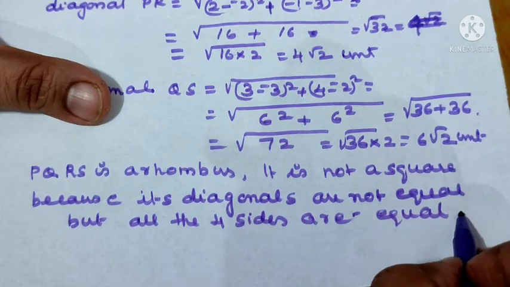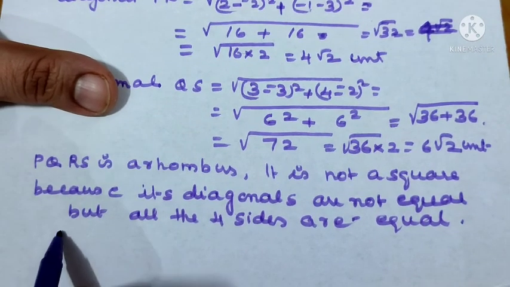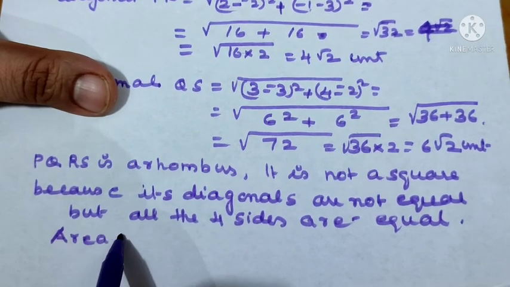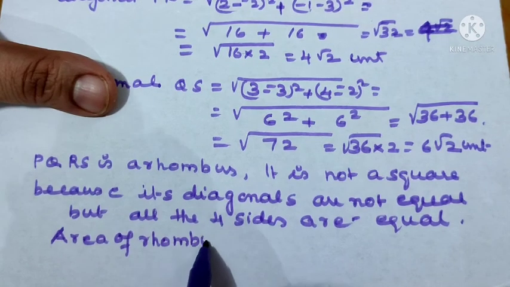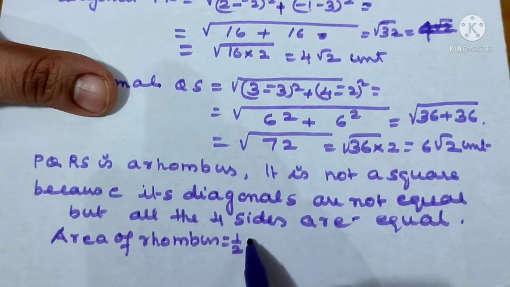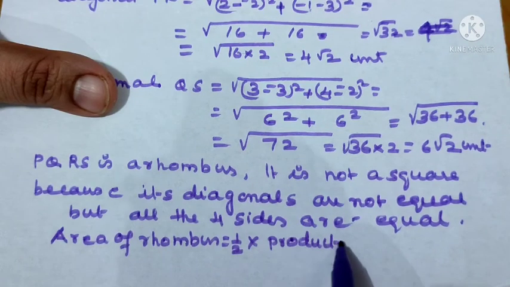There is a second part too. What is the area? Since it is a rhombus, the area of the rhombus is half into the product of the diagonals, d1 into d2.